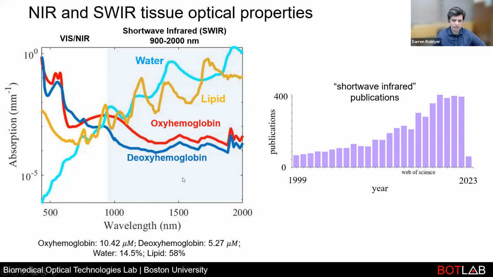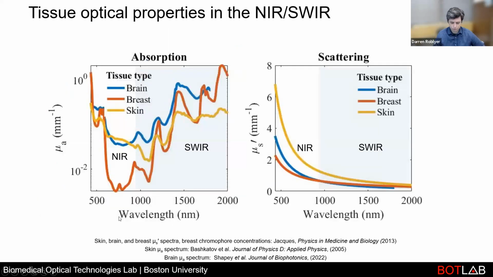And because of some of the advantages of the shortwave infrared, as well as the increased availability of detectors in this wavelength range, the number of publications related to shortwave infrared and shortwave infrared imaging has gone up at a pretty nice pace over the last 20 years. So I consider it to be an exciting area that's currently underexplored.